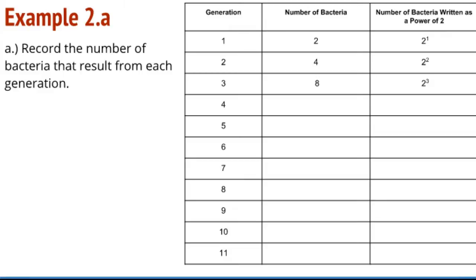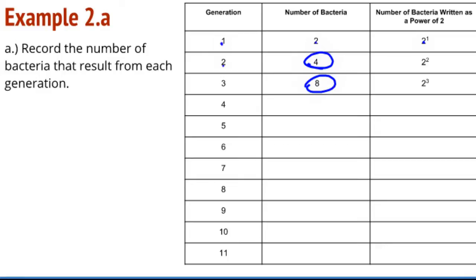All right, so you've got a table in your workbook. Go ahead and record the number of bacteria that result from each generation. Oh, sorry, start at the 1 here. I've got 1, and it splits. So I've got 2 bacteria, which is 2 to the 1st. The second generation, so now I've got 4 of them, and they all split, and they turn into 8.